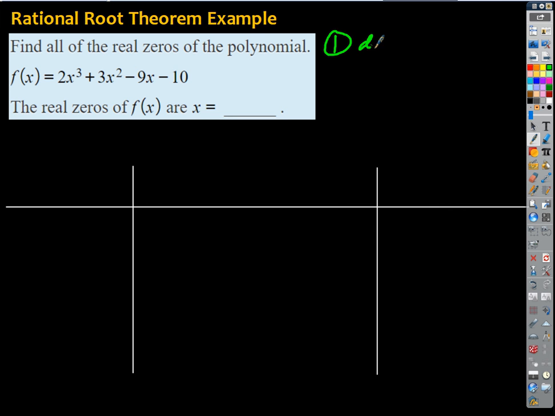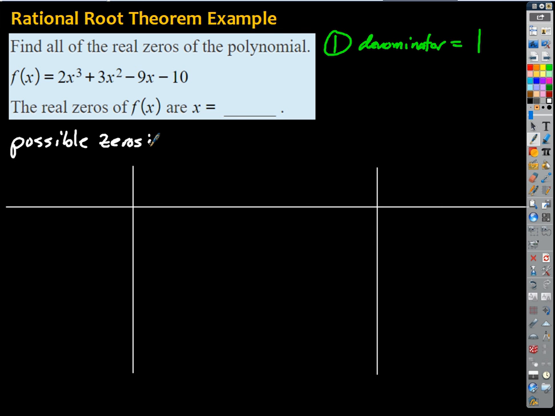So the first part of our list, let's assume that the denominator equals 1. Okay, we'll start with the easiest ones, right? Denominator of 1 makes easier fractions than the denominator of 2, right? So if we make a list of possible zeros, we'll start off with the denominator of 1.